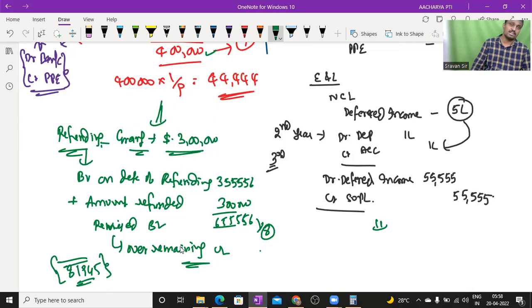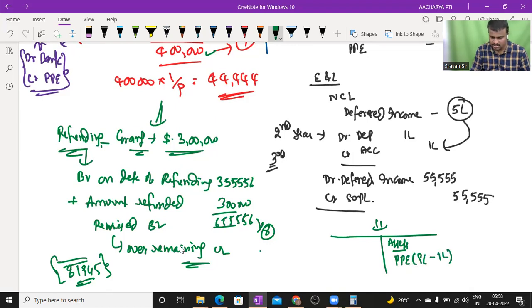If the capital grant is assumed as deferred income, first calculate the balancing figure on the date of refunding relating to the capital grant. Just for understanding purposes, I will write the balance sheet in T-shaped format. On the assets side, PPE: 9 lakh minus depreciation, then 8 lakh is there.